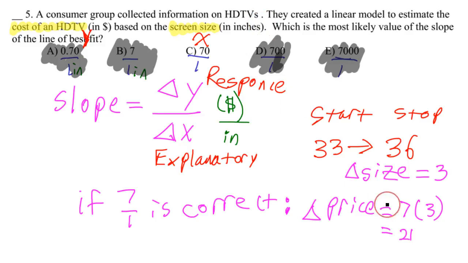If we increase the screen size by 3 inches and we use 70 as our answer, then it would be $210 instead of the $21. That seems to be a much more reasonable expectation. So I'm going to say that the best answer for problem 5 is answer C. Make that look more like a C.